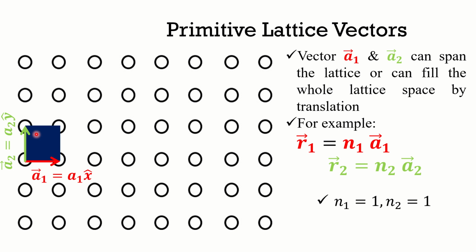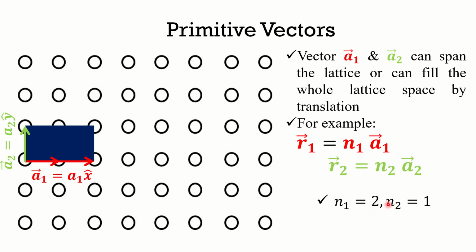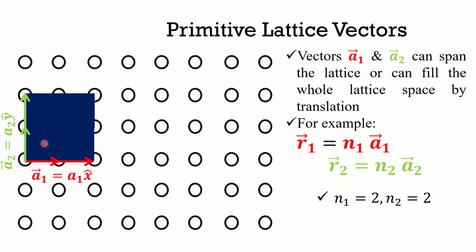If I have n1 equal to 2 and n2 equal to 1, I can fill this amount of space. If I have n1 equal to 2, n2 equal to 2, I can fill this amount of space and so on. So primitive lattice vectors by translation can fill the entire space, and these primitive lattice vectors actually define the unit cell or the lattice.